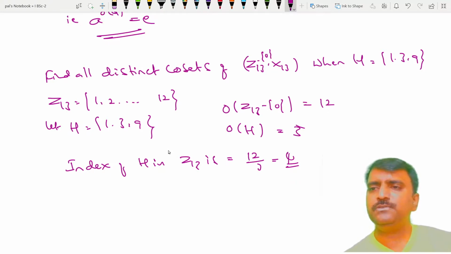Now which are the distinct cosets? You take first H itself, that is {1, 3, 9}.